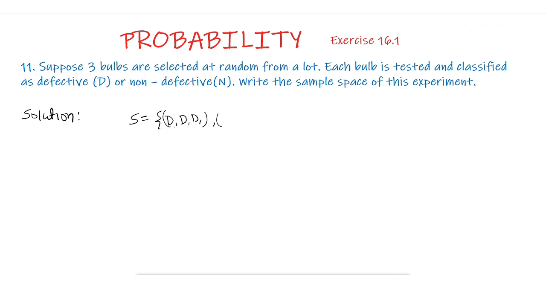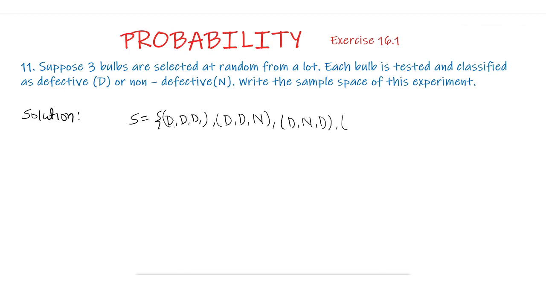Then our first bulb is defective, second bulb is defective, and third bulb is not defective. So we write DDN. Then our first bulb is defective, second bulb is not defective, and third bulb is defective. So our third element is DND.